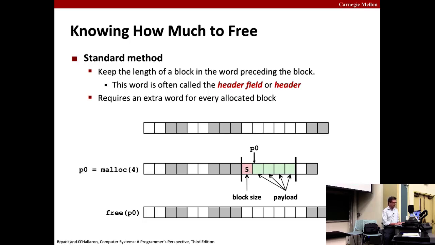I'm showing them here in word-size units. So if the application wants to malloc a payload of size 4, then the allocator needs to find a block of size 5, consisting of at least 4 payload words and a header word at the beginning that indicates the total size of that block.